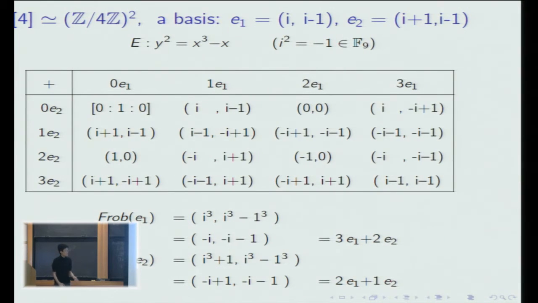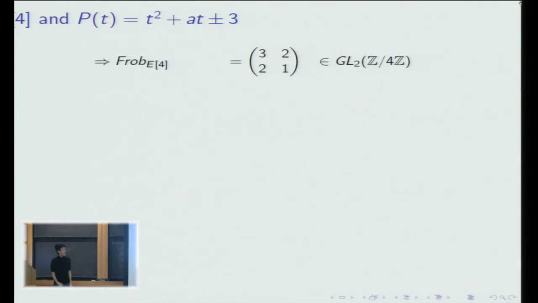So this matrix on the right is what I'm going to take to the next slide. So we get that the Frobenius is equal to this matrix inside the endomorphisms of (Z/4Z)^2. Okay, so the characteristic polynomial, we can compute, is t^2 + 3.